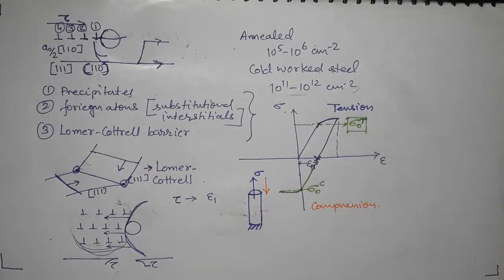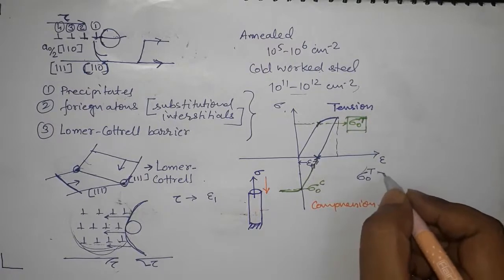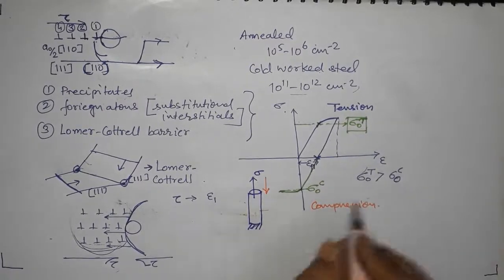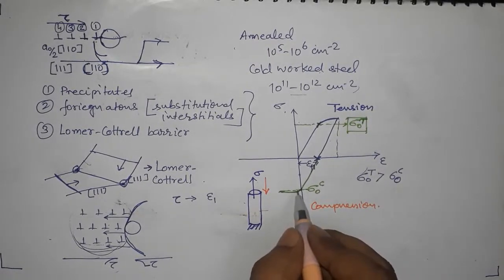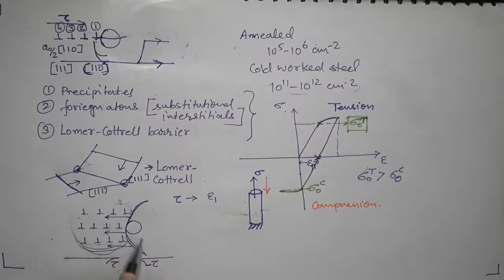So sigma T naught will be greater than sigma C naught, meaning that yielding will start earlier in the reverse direction because I have easier movement of dislocation if I reverse my direction of stress.